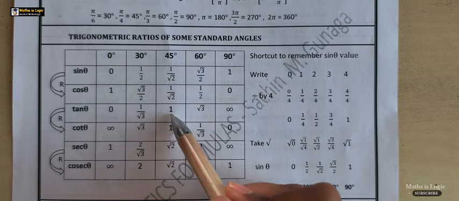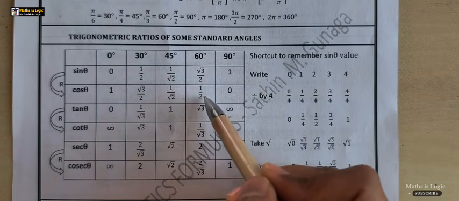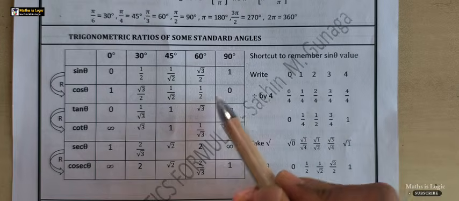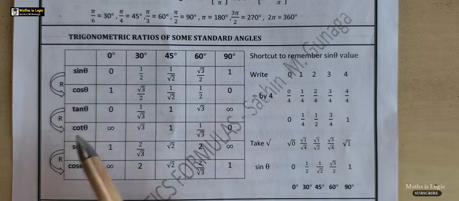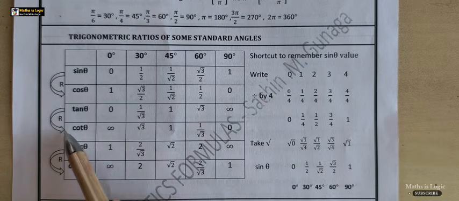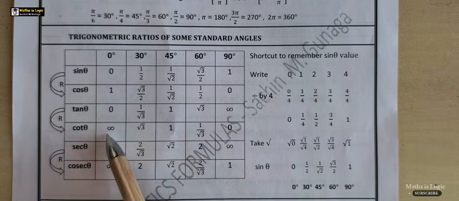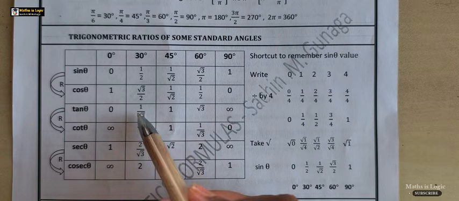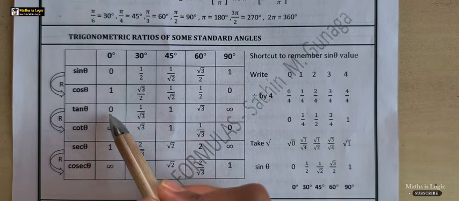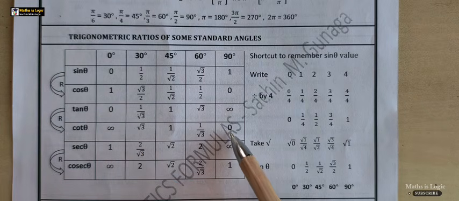Cancel these two. Remaining value is 1. Cancel 2 and 2. Remaining is root 3. 1 divided by 0 is nothing but infinity. Next, to get the cot theta, take the reverse of this. Last value comes first, second last goes second, third remains third, second goes to second last, and first value comes at the end, that is 0.